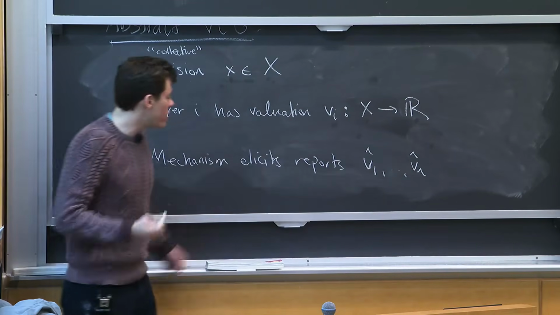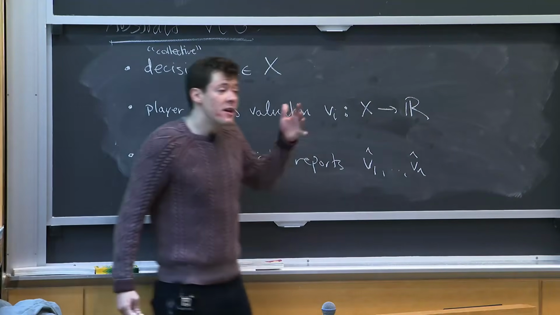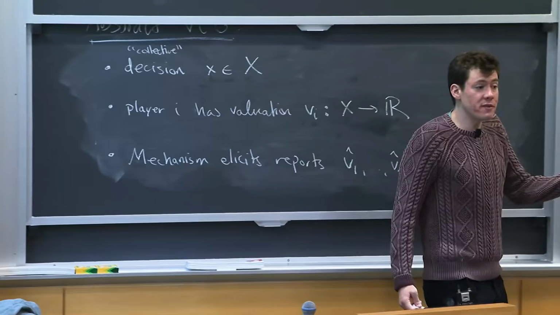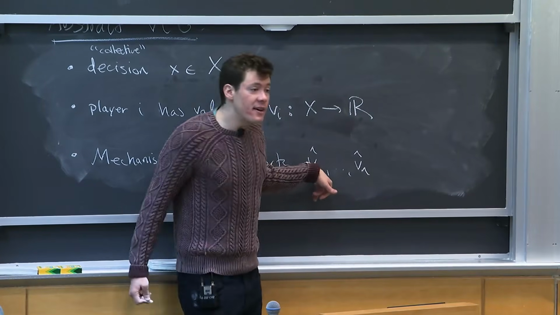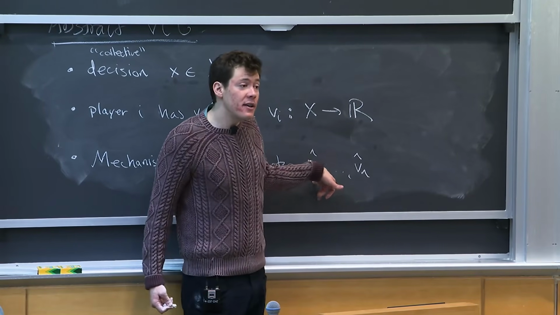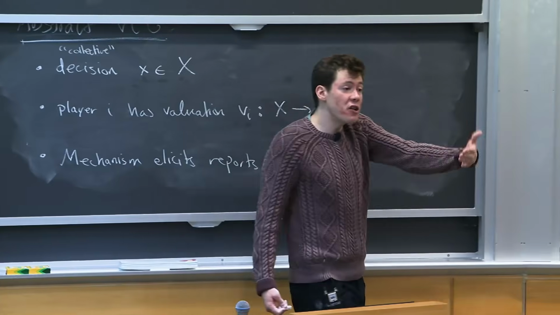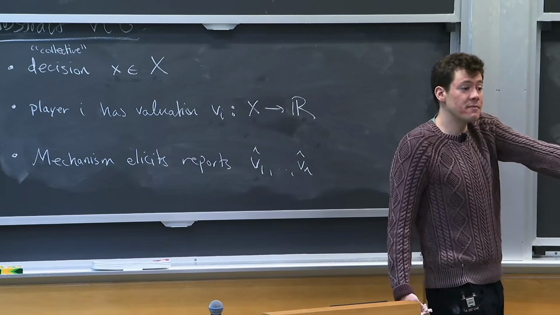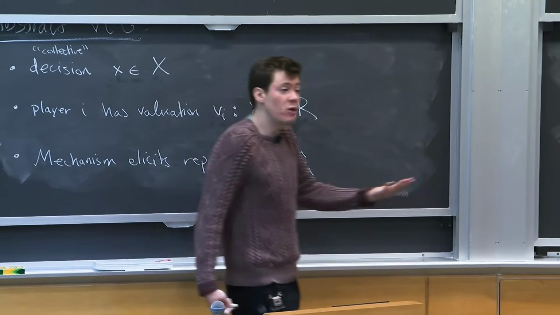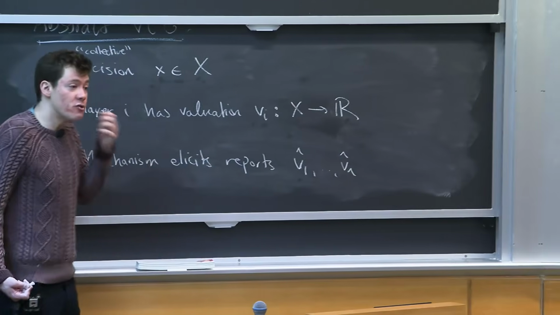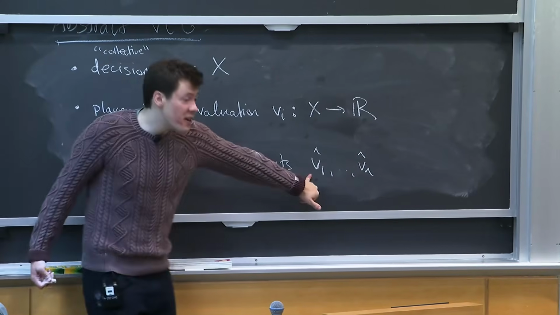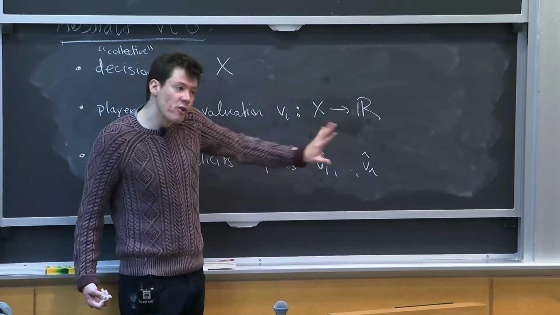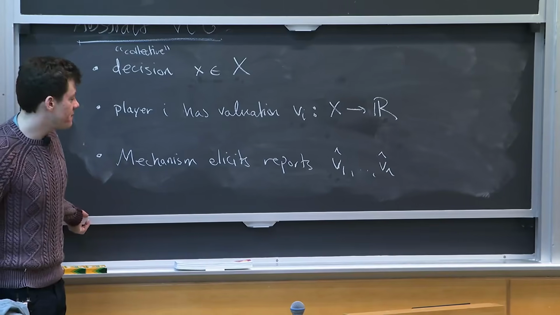What's the interpretation here? v1 is bidder 1's true valuation function. v1 hat is effectively a bid. It's the valuation function that bidder 1 reports to the mechanism. And that may not be truthful. We want to make sure that people have the right incentives to report truthfully. But they're reporting an entire function, which may be a little bit confusing and abstract at first. Okay.